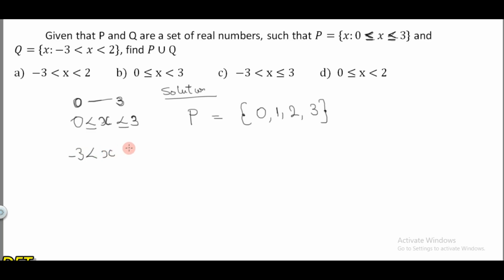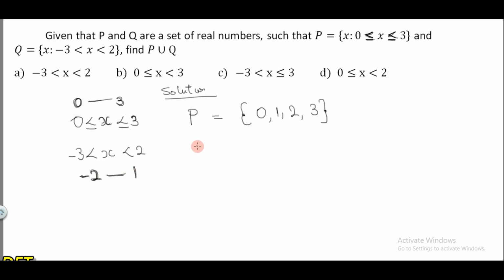Then X is less than 2, which means X is smaller than 2. So if you say X is greater than minus 3, that means X will range from minus 2, right, to 1, because X is less than 2. So this is what this statement means. It means that X ranges from minus 2 to 1, right?